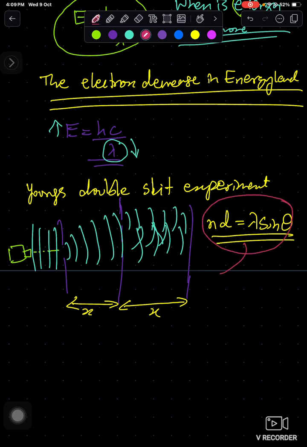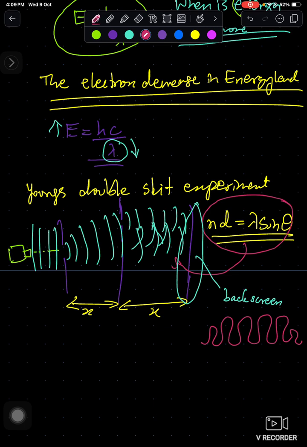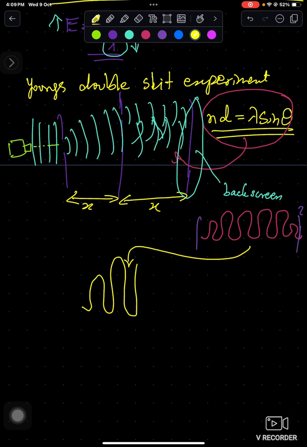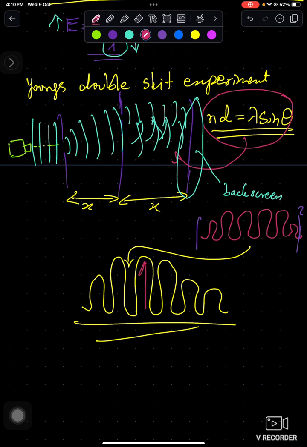This equation is related to this, and the wave function which is made on this back screen. This is a back screen. It is like this. Here it is squared, and when you take a square we get a high amplitude wave.